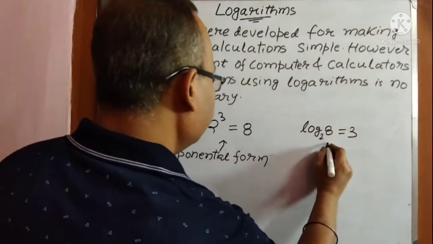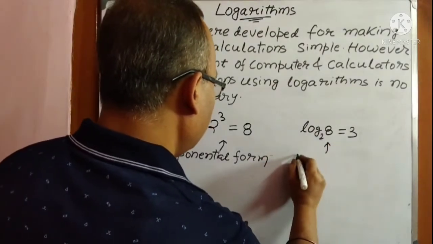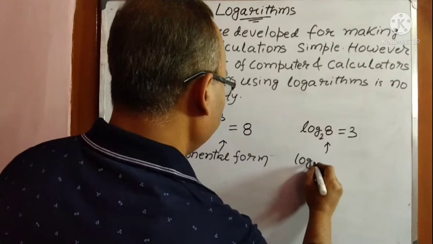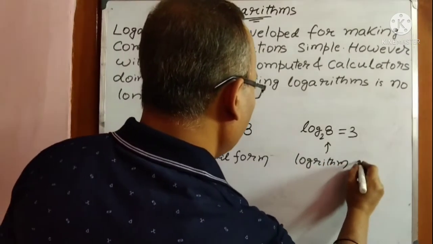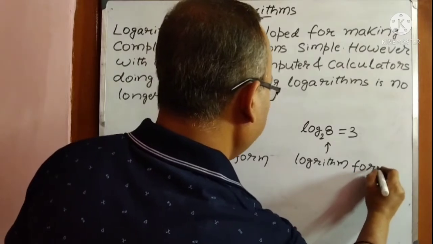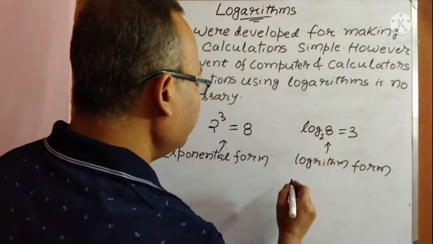And what is this? This is your logarithm form. Okay, and how do you read this?